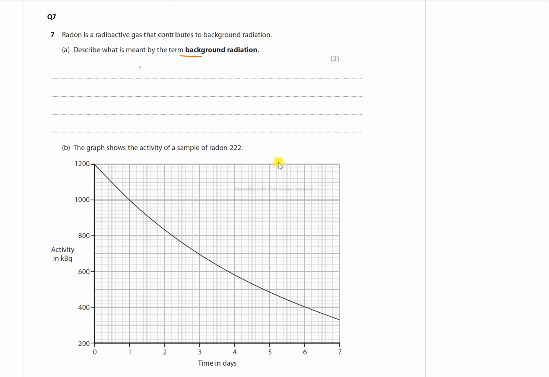What is meant by background radiation? Radiation that is always present in the environment.